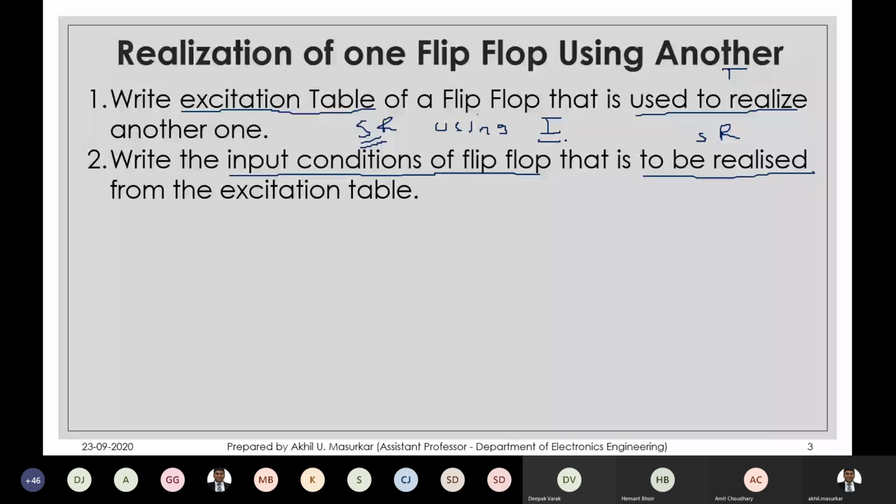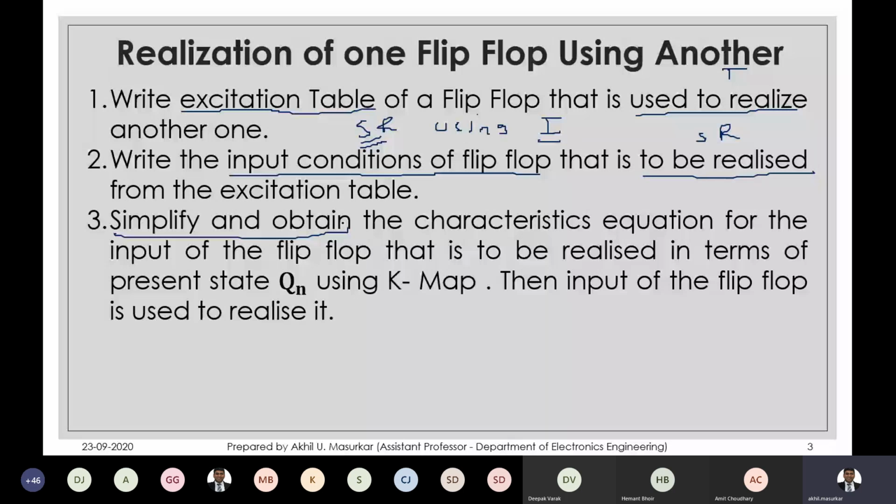Step 3. Simplify and obtain the characteristic equation for the input of the flip-flop. So what does this mean?